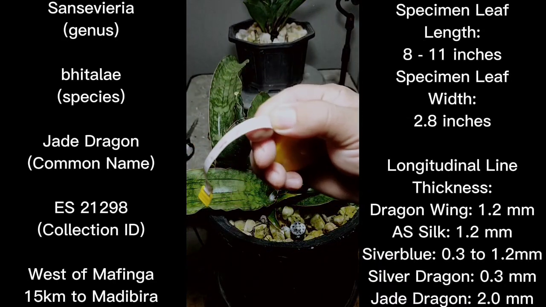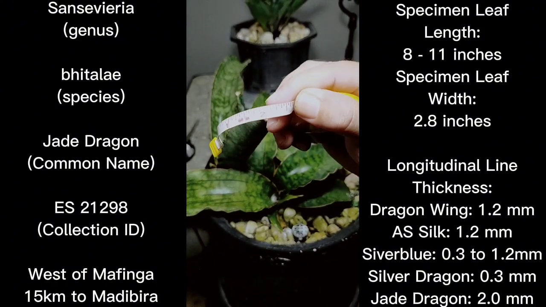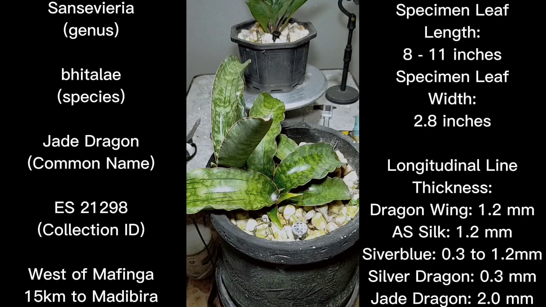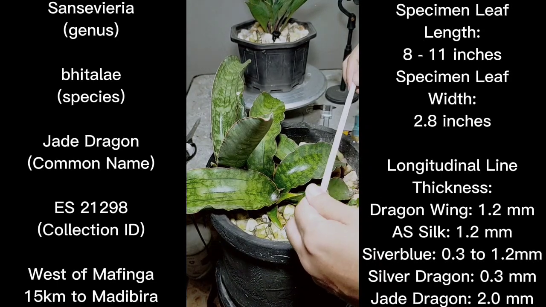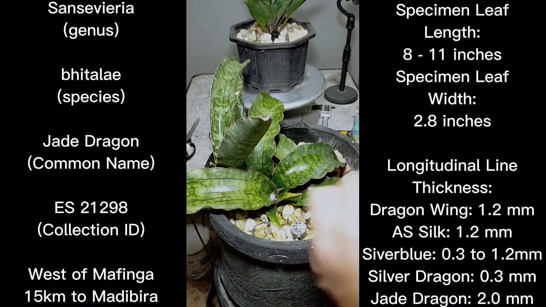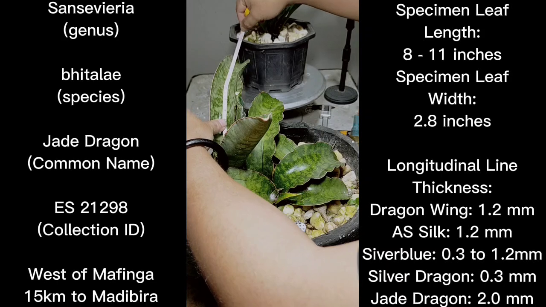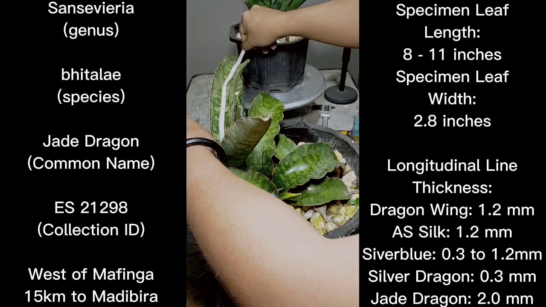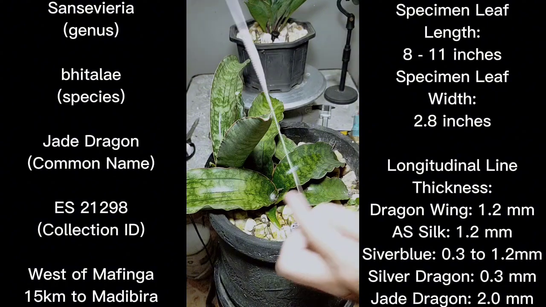That's where my hand ended up, so I don't know if you can see it because it's getting out of focus every time I do that. But the leaf width would be at an average of 2.8. Now leaf length, this is the longest of the clump. It's actually 12 inches.